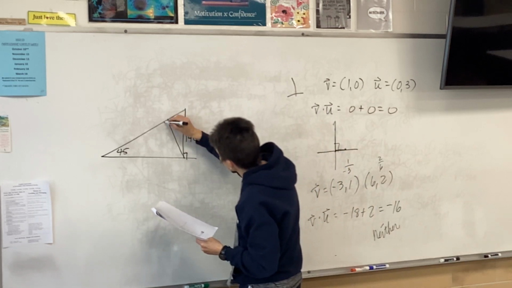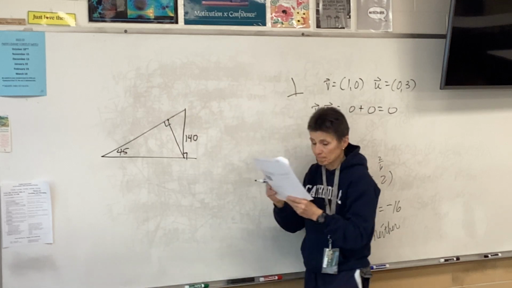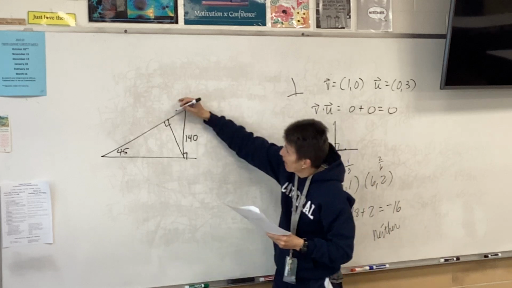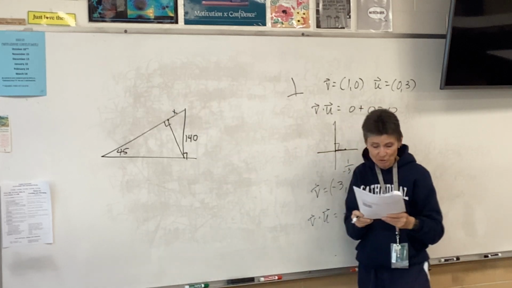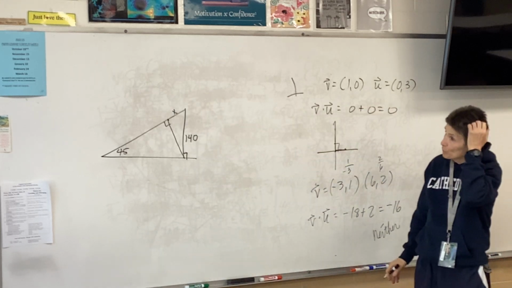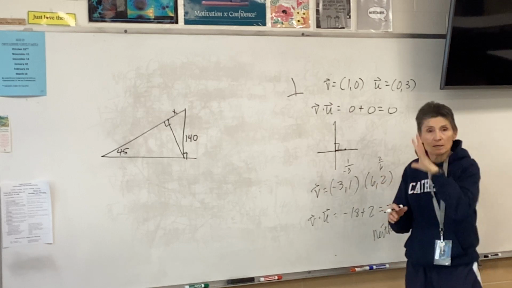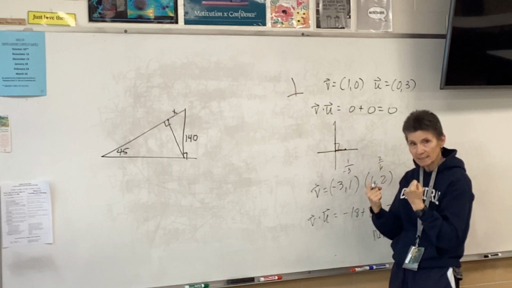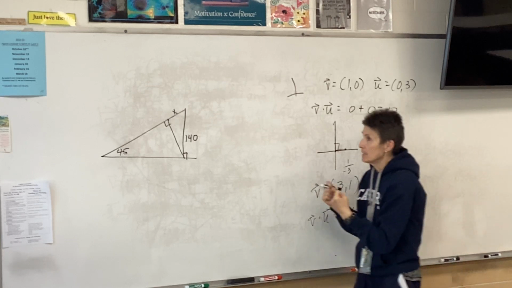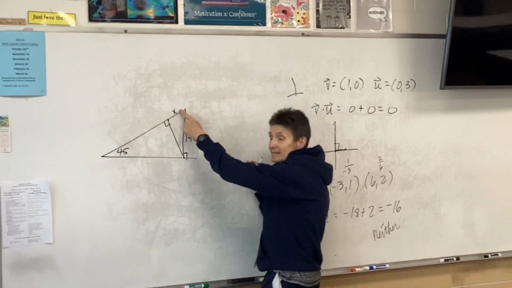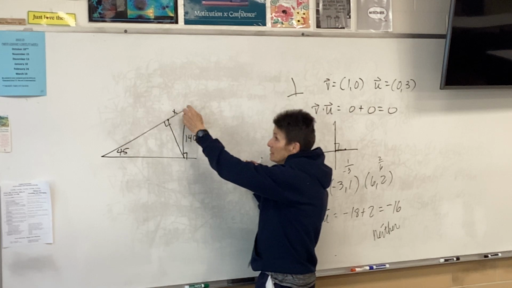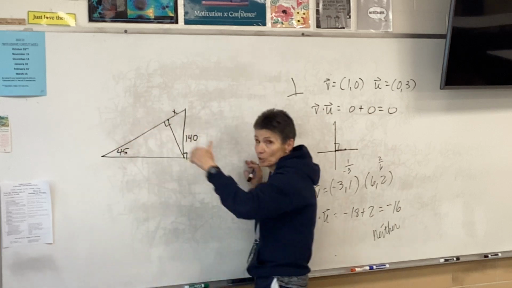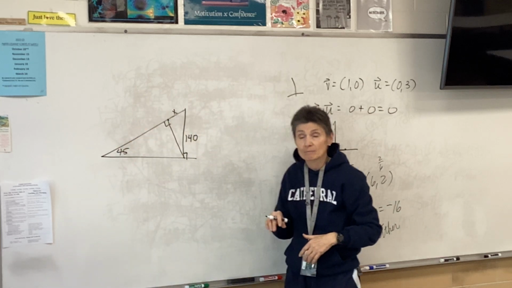So I'm going to make another little right triangle here. And I'm going to figure out what this force has to be to keep him from heading down the hill. So this force of 140 pounds is pulling down. We need to stop that. How big does that have to be to stop him from scooting down the hill?